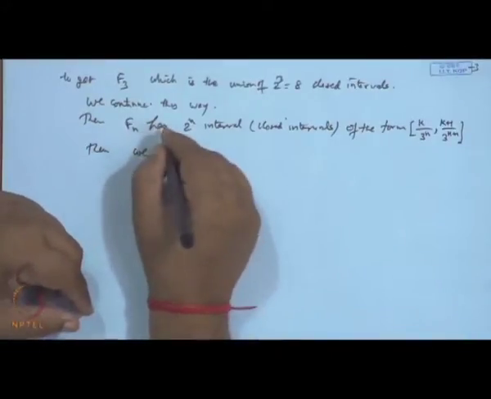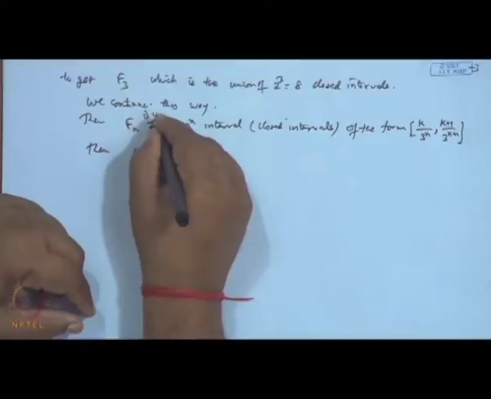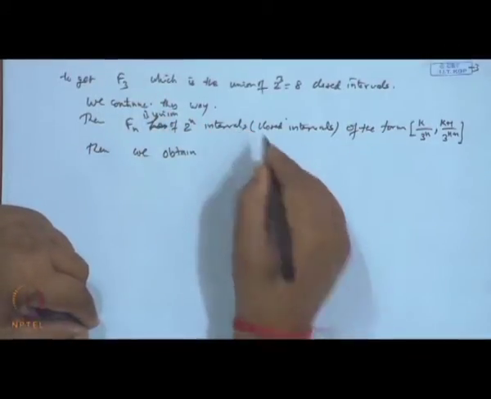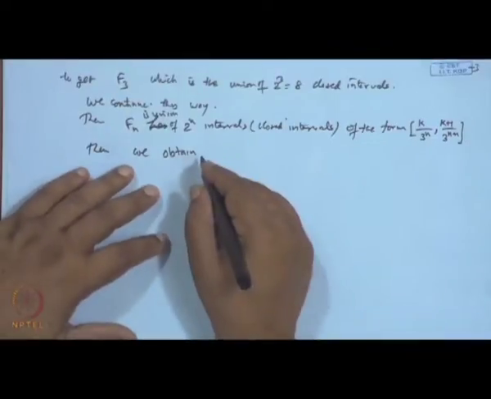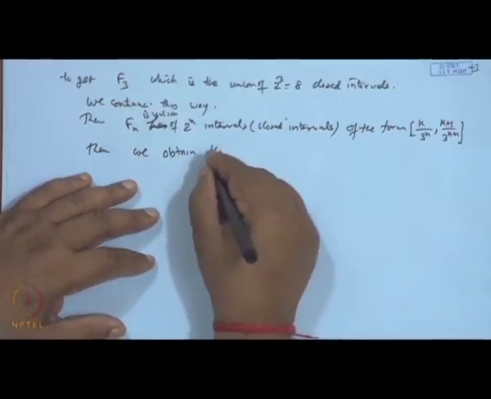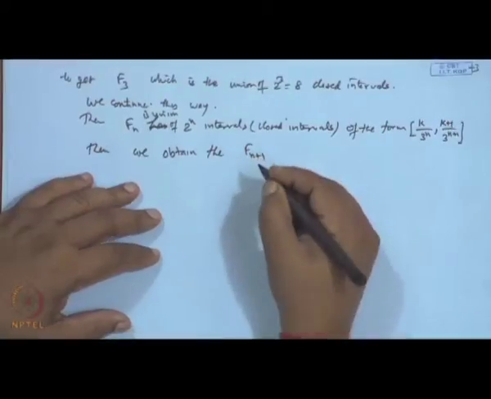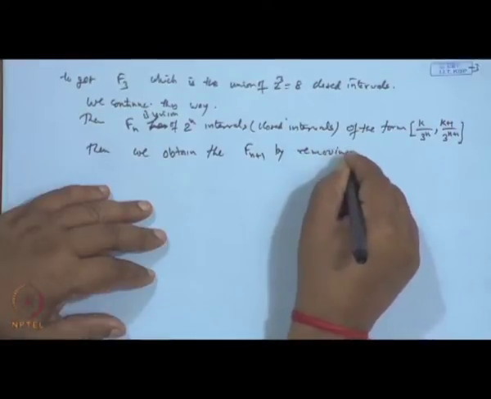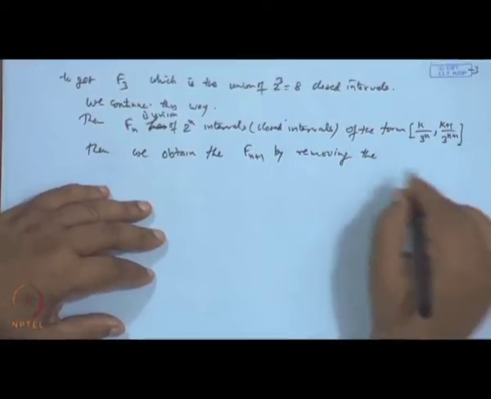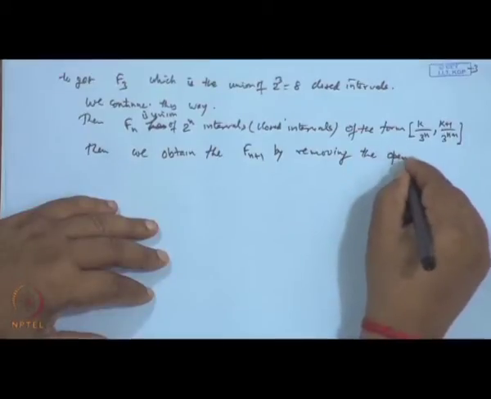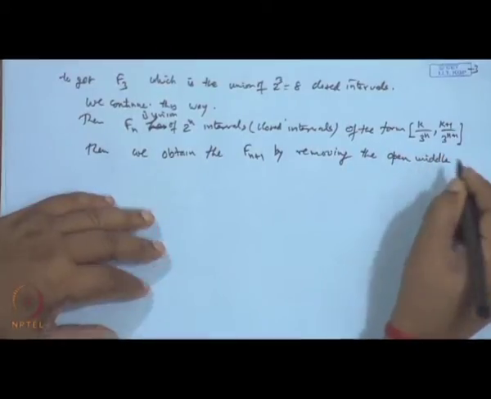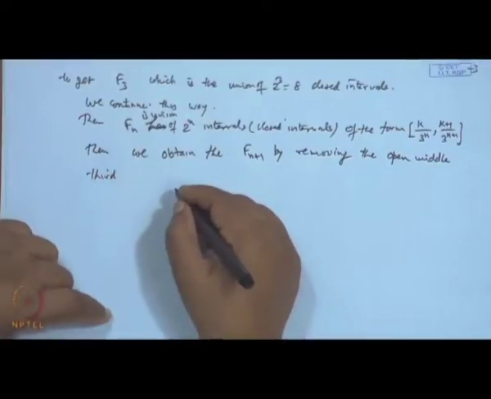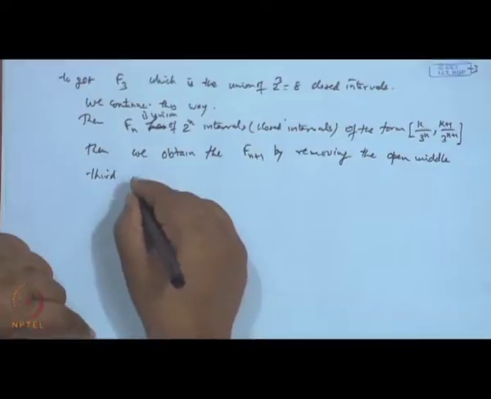Then Fn is the union of 2 to the power n intervals of this form. Then we obtain the set Fn plus 1 by removing the open middle third of each of these intervals.